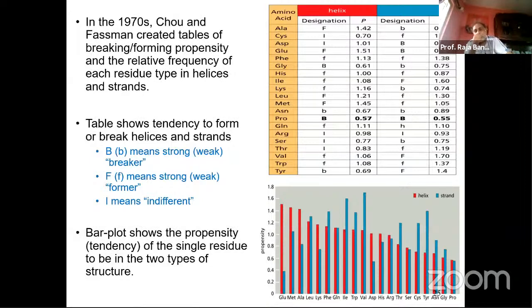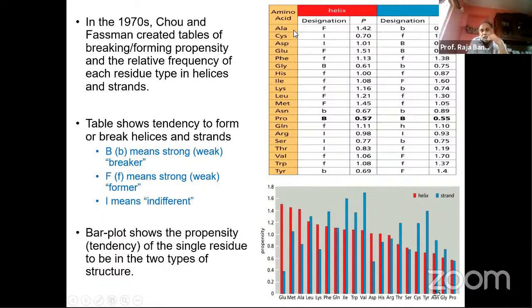They found that alanine, lysine, leucine have a preference for the helices. The secondary structure beta strand is mainly preferred by the beta-branched amino acids like isoleucine, valine, phenylalanine, etc. Based on that, they classified these, and they said that B means strong breaker and F means strong former.